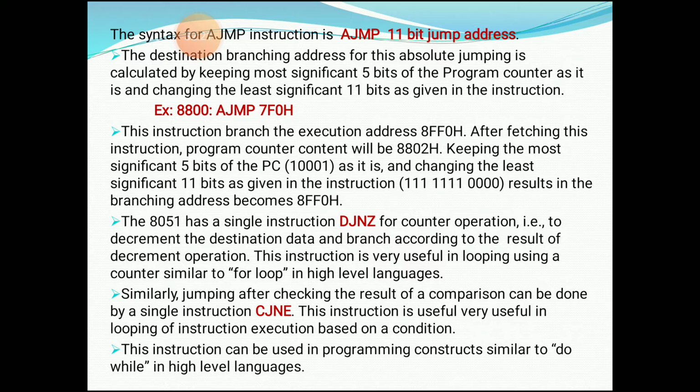Similarly, jumping on the result of a comparison can be done by the single instruction CJNE. This instruction is useful in looping instruction execution based on a condition. It can be used in programming constructs similar to do while in high level languages.